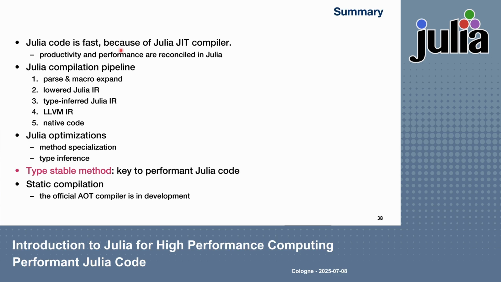You must make sure that the type is correct to get the performance from the Julia code. And last but not least, there is static compilation. There are packages available, but if you really want to use the official ahead-of-time (AOT) compiler, you need to wait for the core developers.